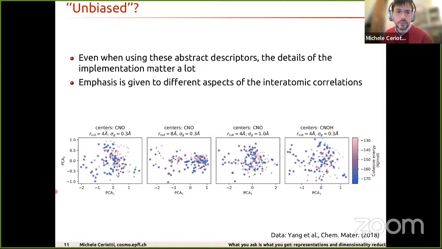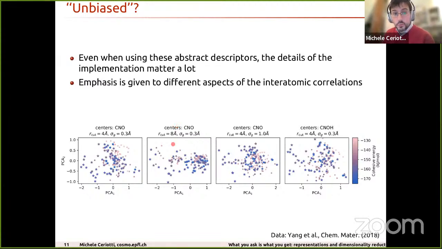And here I'm giving you as an example different maps that I obtained with kernel PCA, so not a very sophisticated technique, using SOAP parameters with different hypers, basically different cutoff radii and different widths of the Gaussians, and deciding to use different atoms as the centers that I use to describe the whole structure.